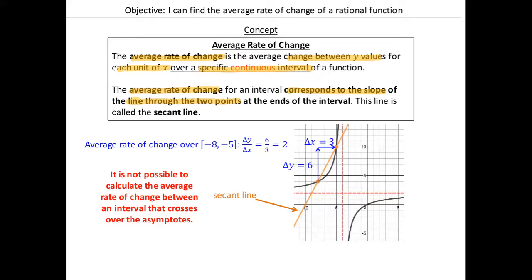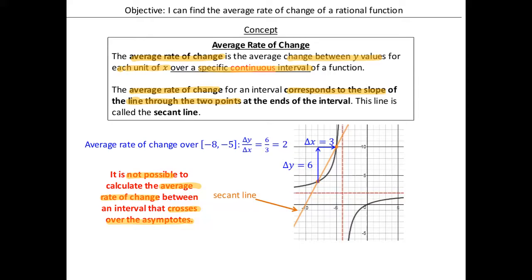So here's an example where I can see the interval -8 to -5, but the key word up here that says continuous is important because this time we have asymptotes, so it's not possible to calculate the average rate of change between an interval that crosses over the asymptotes, okay?